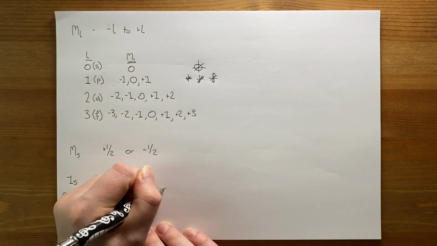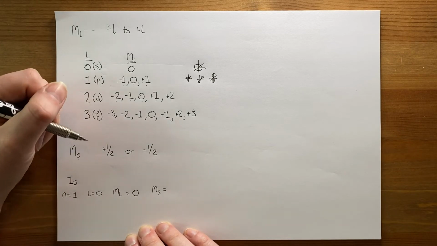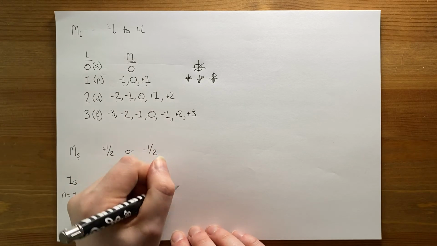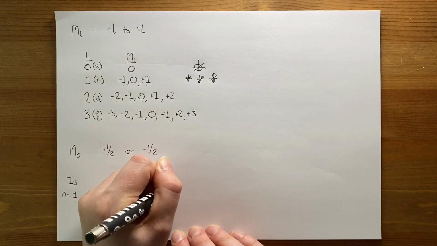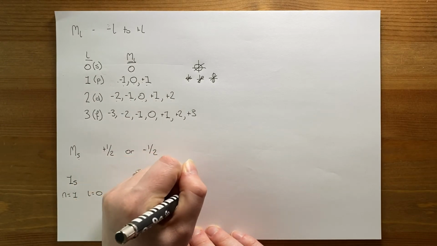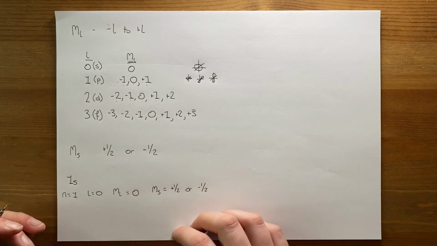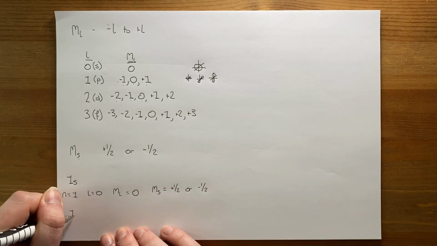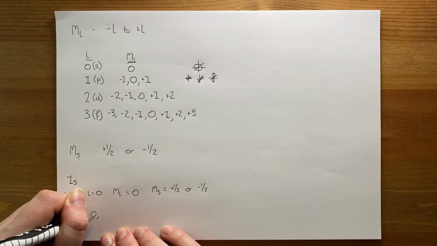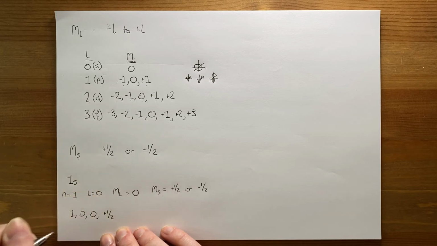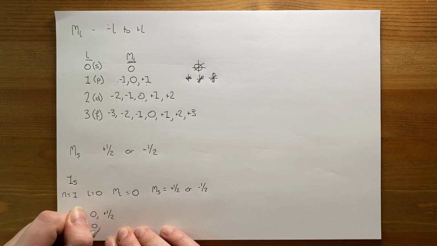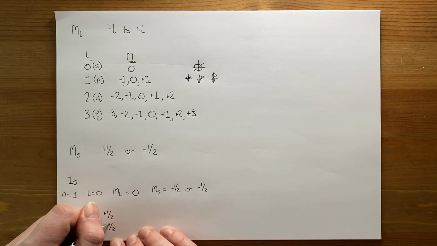M subscript s, there are 2 electrons in here, so this is determining which electron is which. So that could be +1/2 or -1/2. That would be like the address of my 2 different electrons. One would be 1, 0, 0, +1/2. The other electron would live at 1, 0, 0, -1/2.